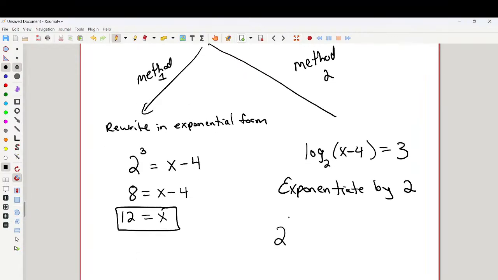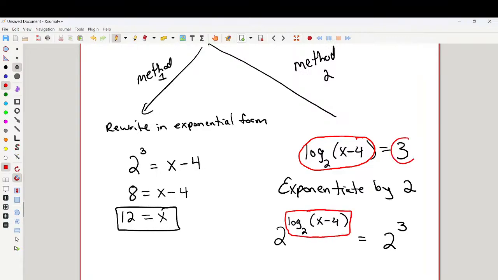2 to the log base 2 of x minus 4 equals 2 to the 3rd power. So if I lost you, all I did was take the left side and the right side, and they became powers of 2.